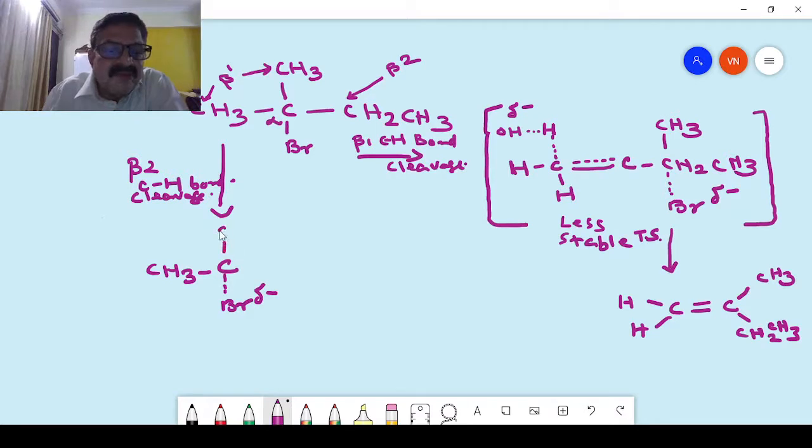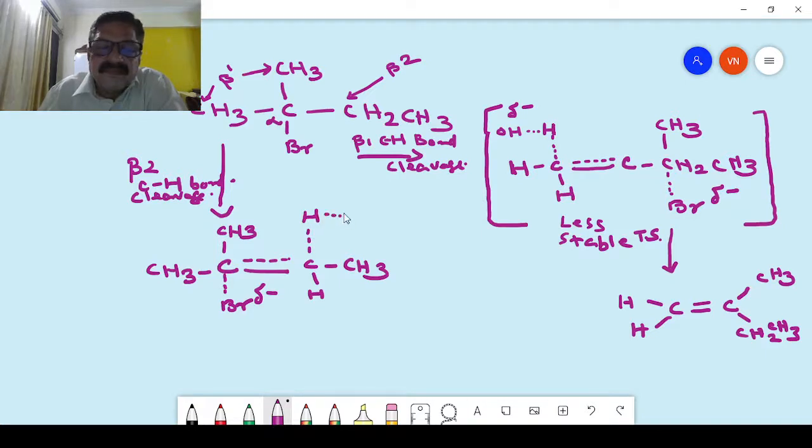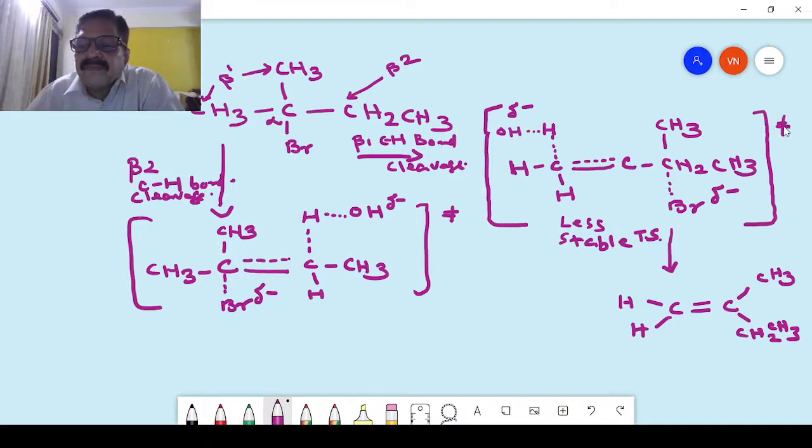Then there will be a CH3 over here. Then a partial double bond is formed. Now we have CH3, then hydrogen, OH. So this is the transition state for the second kind of reaction.